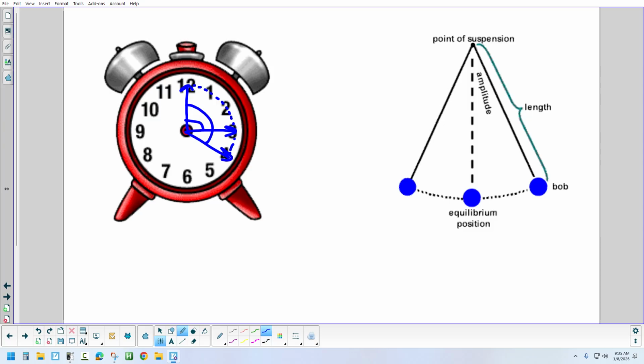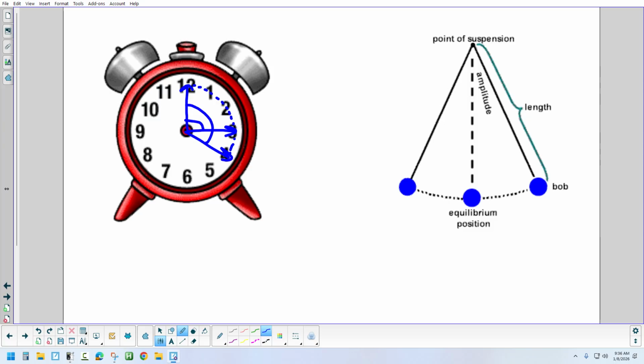So we can figure out the angle on a clock without knowing the size of the radius or the arc length. So how much does the minute hand move every 5, or the hour hand, or however you want to think of it, every number? Every number it moves 30 degrees.